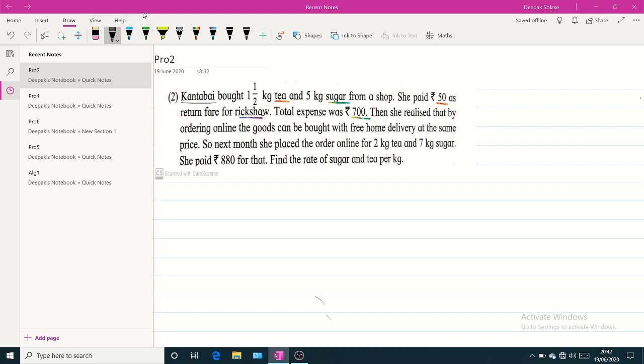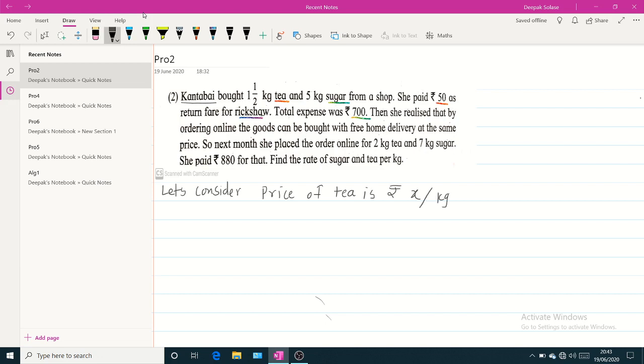Let's consider the price of tea is rupees x per kg.